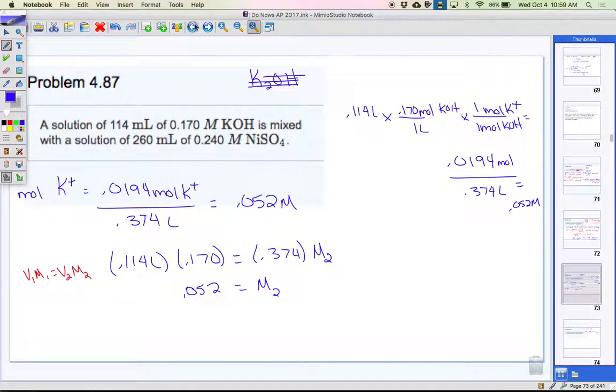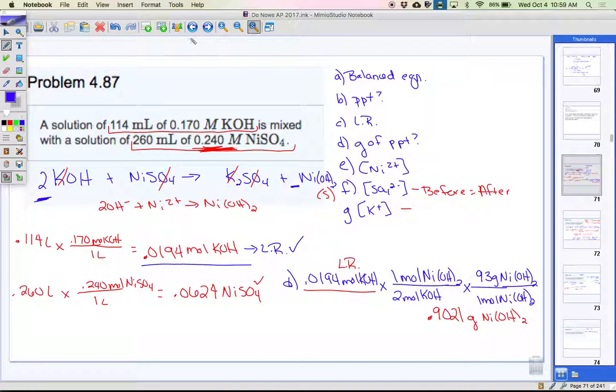If I go back to the original equation, this was the limiting reagent and this was the excess reagent. So all of the hydroxide got used up and went into the solid. If they asked you the concentration of the hydroxide, what would it be? 0, because all of it's in the solid at the bottom, because that was the limiting reagent.